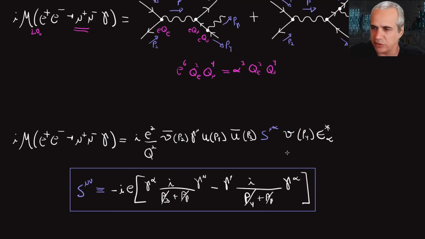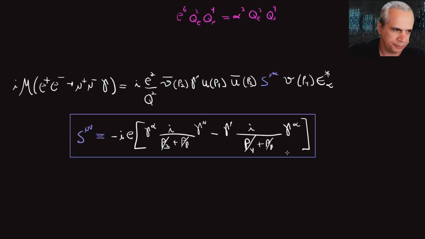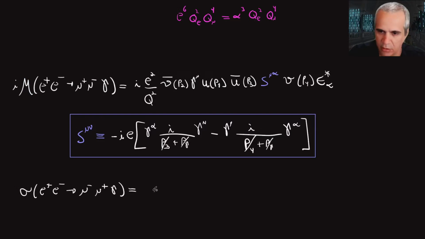Now I can use this to calculate the cross-section, and I'm putting the cross-section also in a very convenient form. So I'll write the cross-section of e plus e minus to mu plus mu minus gamma as 1 over 2 Q squared. I have the integral over the phase space.